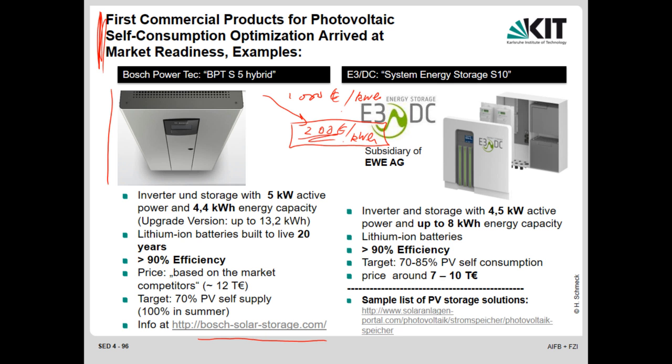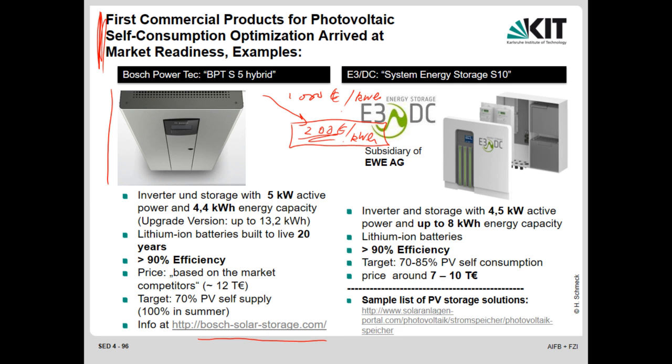And to have that installed, the price goes up significantly. If you go to companies like RDS Tech, for example, which is offering batteries at the moment, they are even more expensive than 1,000 euros per kilowatt hour capacity. So it is still really expensive.